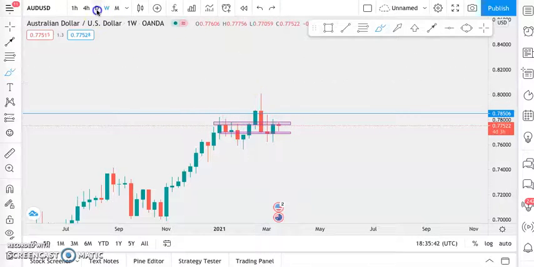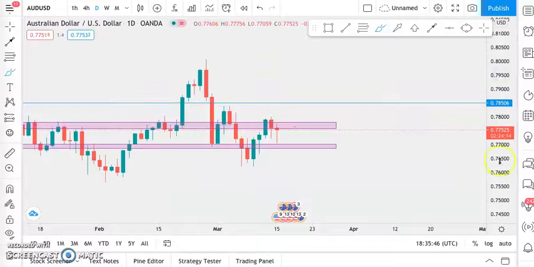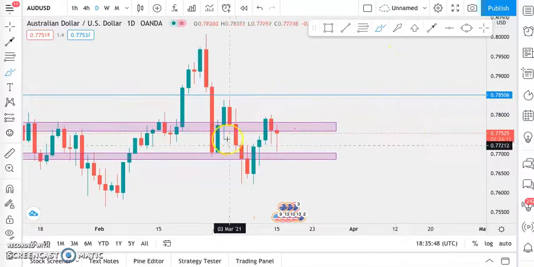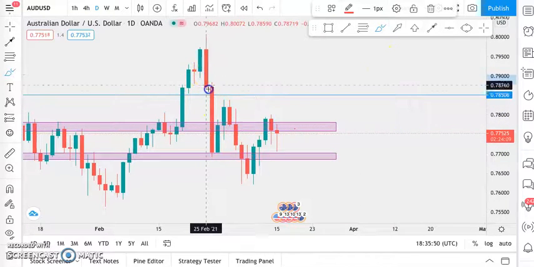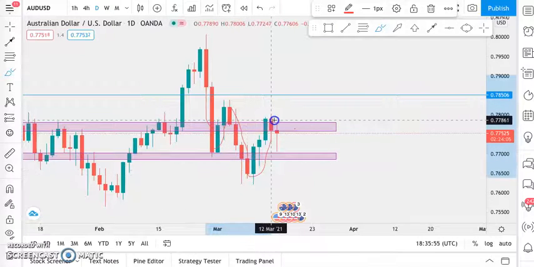Now, going into the daily time frame, what do we see? From a daily perspective, the market has just printed a pattern here, which I would love you to see. This is the pattern the market has created.